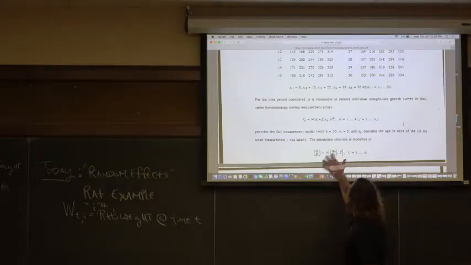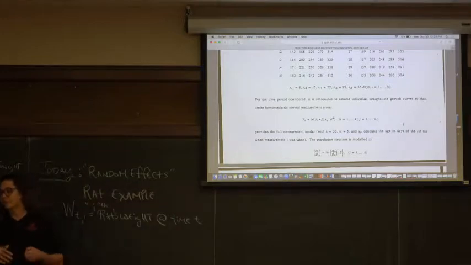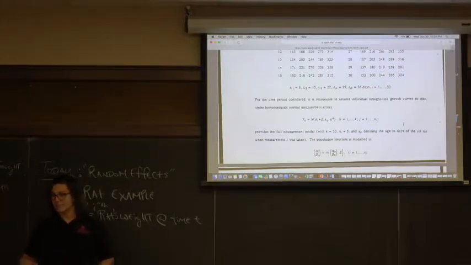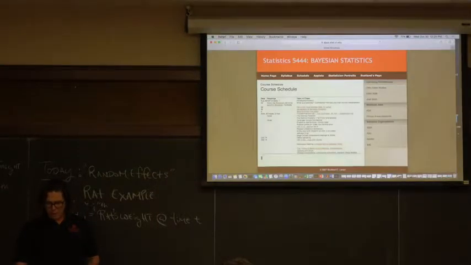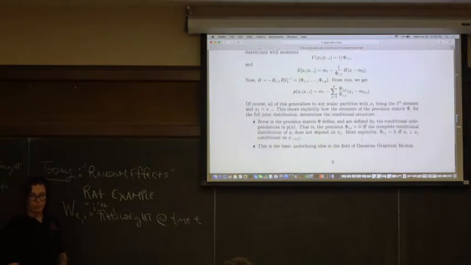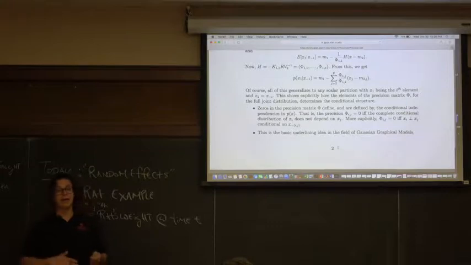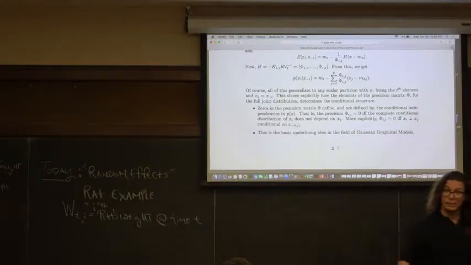We ended up writing it down a little bit differently. I'm going to use W's instead of Y's, and T instead of X for time, but we'll keep some of the same notation. I also want to point you to a supplementary handout on precision matrices and what the zeros within precision matrices represent.